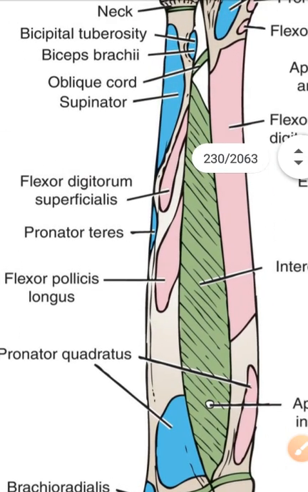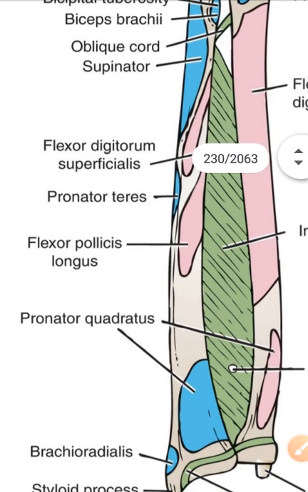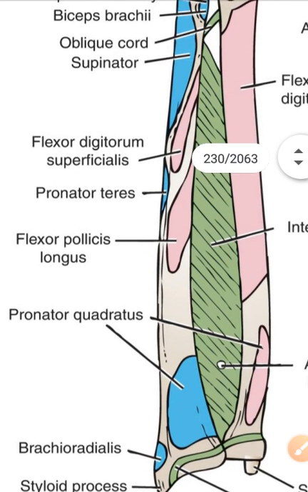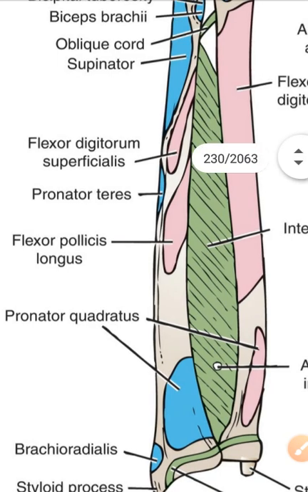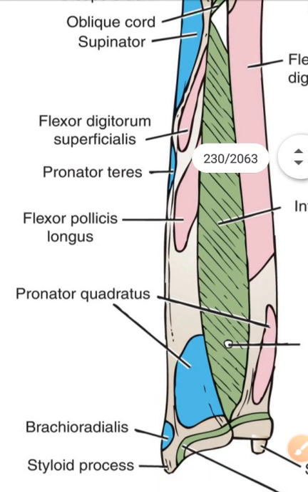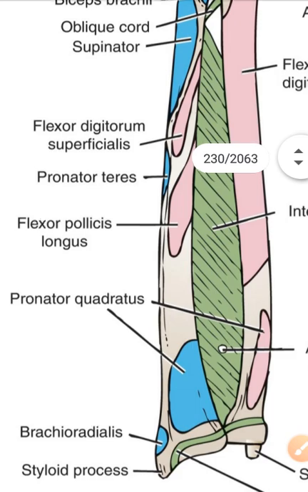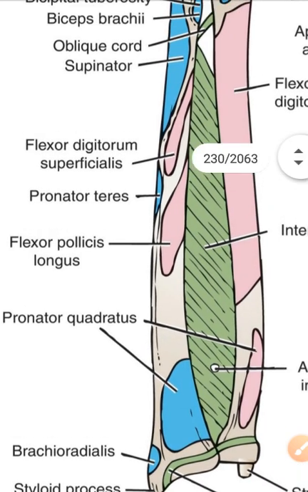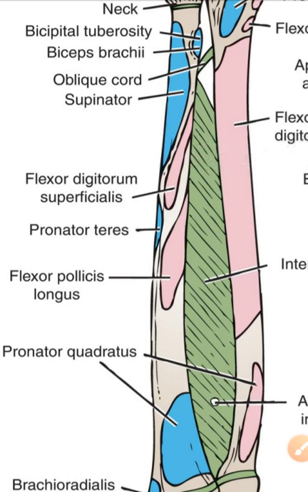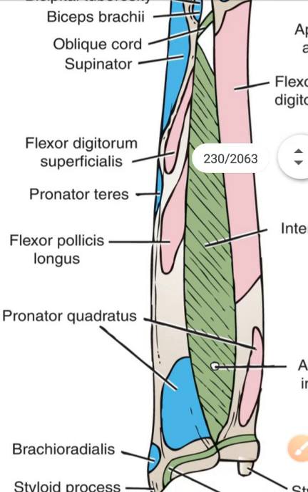Now flexor pollicis longus is attached on the middle side of the radius, and this is the only muscle which is attached only on the radius. Flexor digitorum superficialis is also attached on the radius, but it has another head attached on the medial epicondyle. Only the flexor pollicis longus is attached on the anterior surface of the radius.